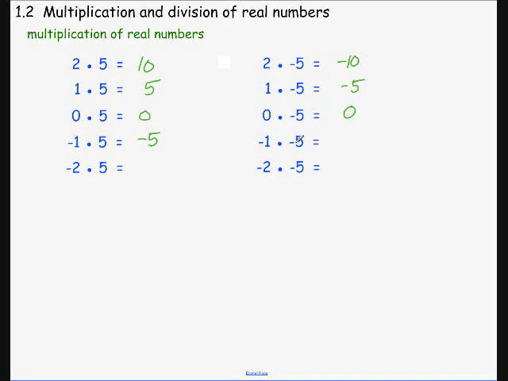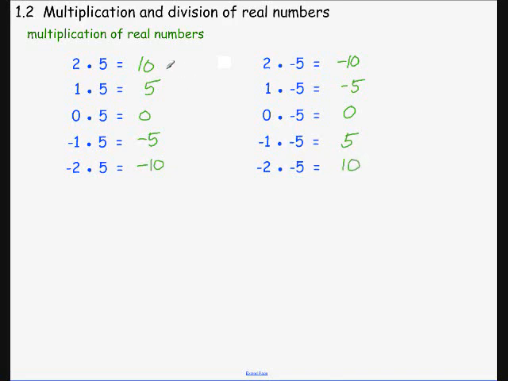Over here, where I had a negative and now I'm multiplying it by another negative, what happens? That's right. That's positive. If you have a negative times a negative, you get a positive result. Negative times a positive, this is going to be a negative 10. A negative 2 times a negative 5, going to be a positive 10.